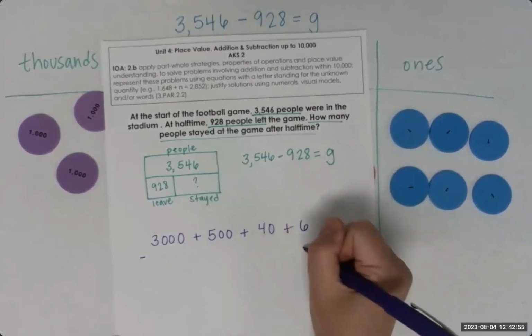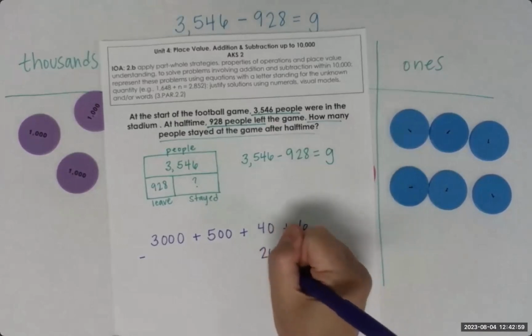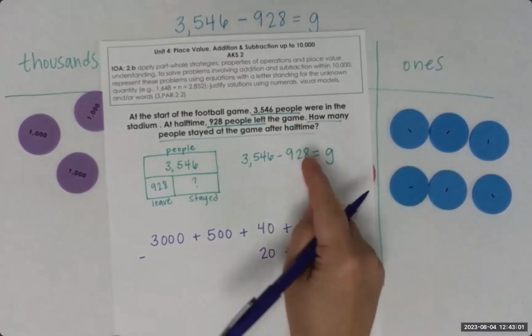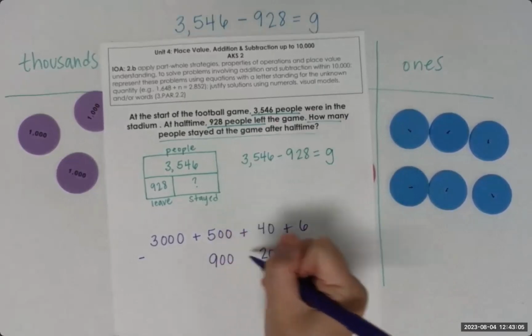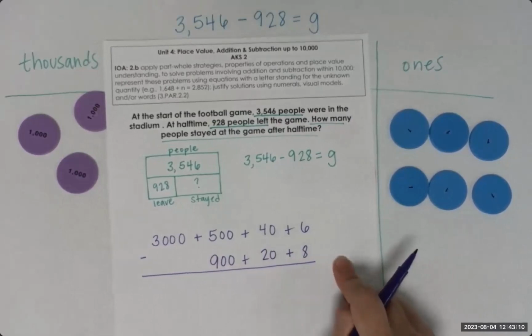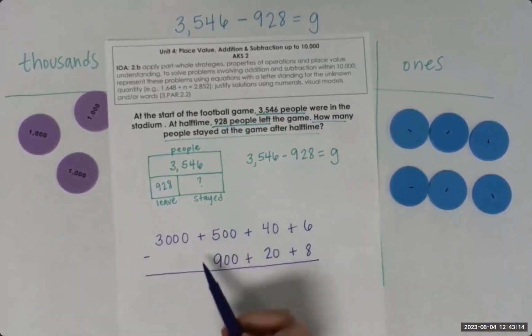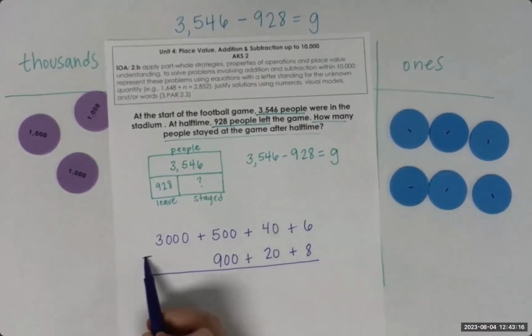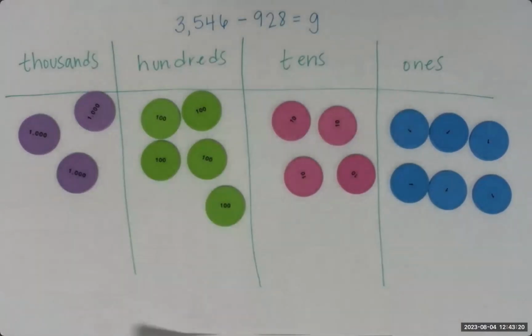I'm going to take away 8 1s, and then I'm going to take away 20 10s, and then I'm going to take away 900s. So there's my expanded form equation that's going to match what I'm doing, okay? Now, again, there's a whole lot of addition symbols here, but I need to remember that I'm subtracting, okay? So we're going to keep up with this as we go through our problem, all right?